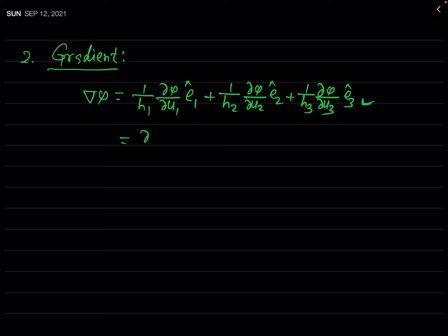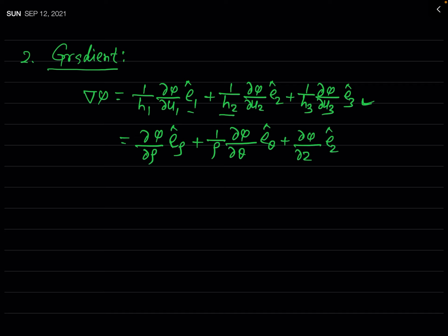So this will be del phi by del rho E rho hat, plus the scale factor h2 is rho, so this is 1 over rho del phi by del theta E theta hat, and again h3 is 1, so this will be del phi by del z Ez hat.